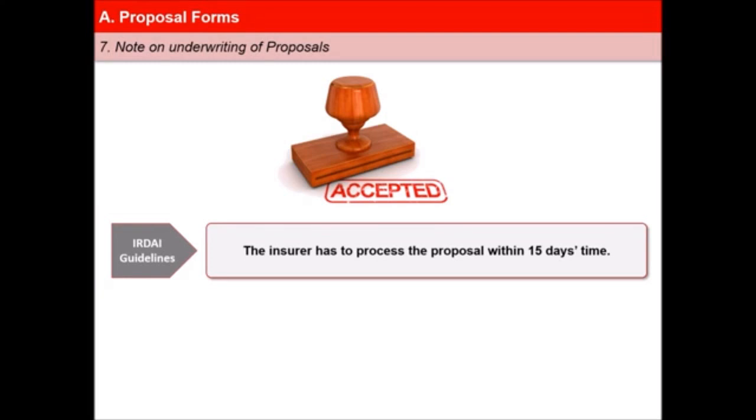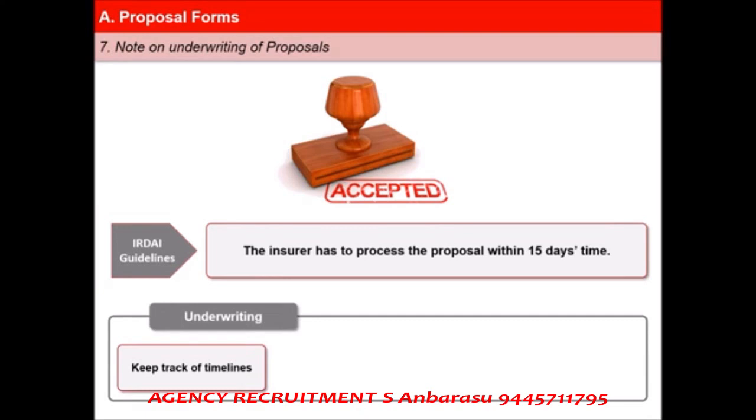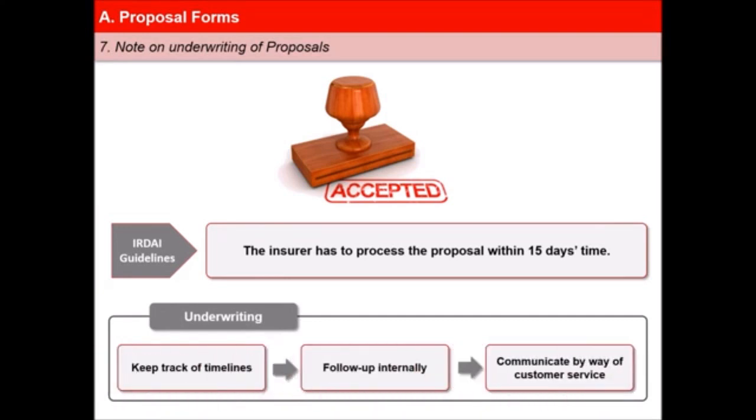The agent is expected to keep track of these timelines, follow up internally, and communicate with the prospect or insured as and when required by way of customer service. This entire process of scrutinizing the proposal and deciding about acceptance is known as underwriting.